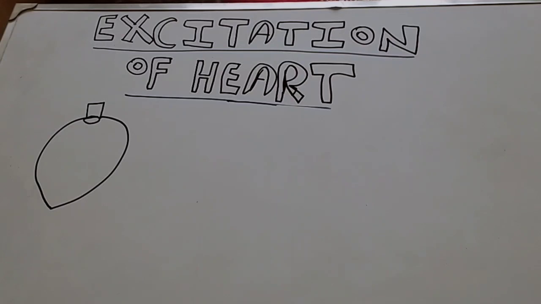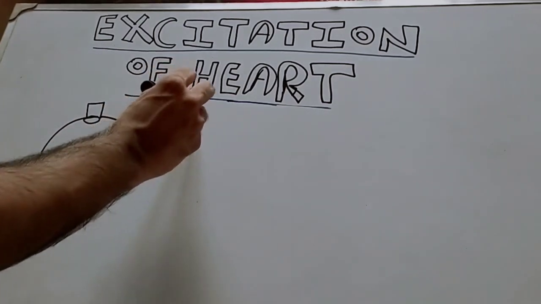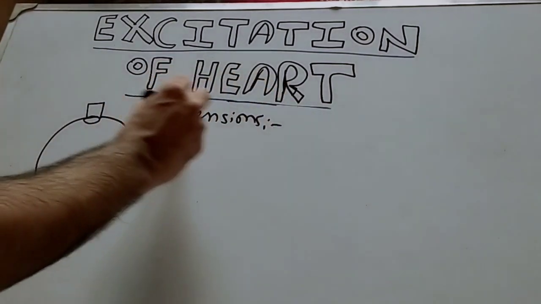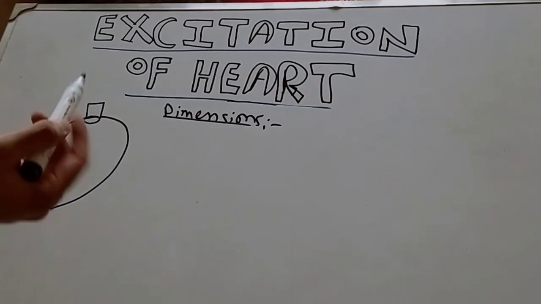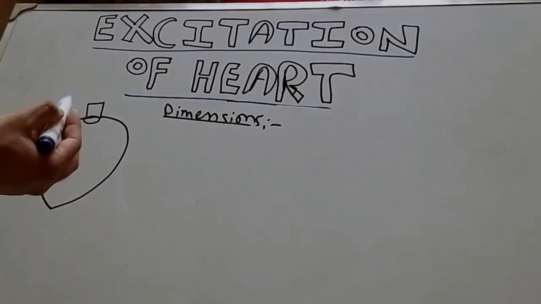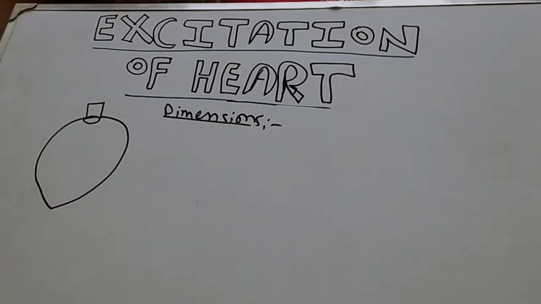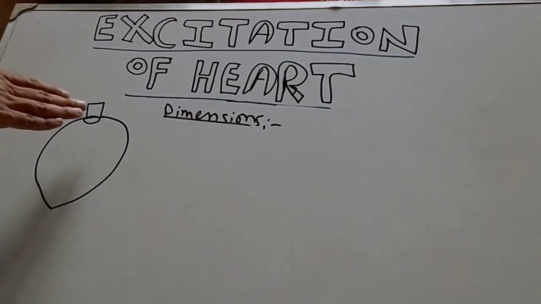Now talking about the dimensions of the SA node. It is a cardiac, you can say a muscular band, which is located here at the posterior aspect of the right atrium and just at the base of the superior vena cava, where the superior vena cava opens.